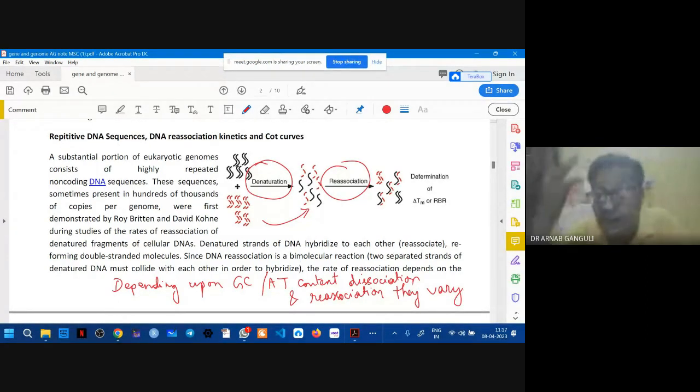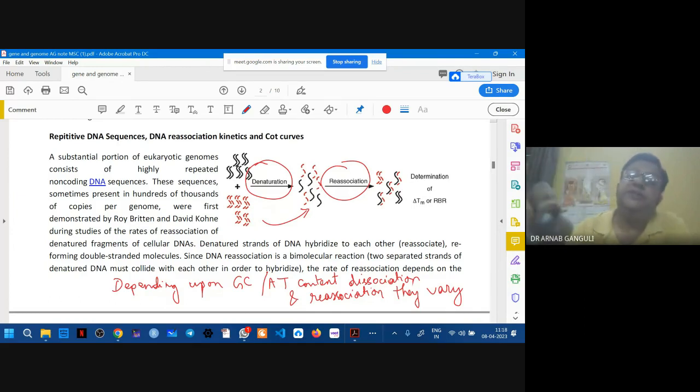If you have a lot of GC-rich region, you need to give it more heat to make it denature, and they will reassociate very fast. The moment you lower the temperature, they will stick together quickly. In the case of AT-rich regions, it is different.